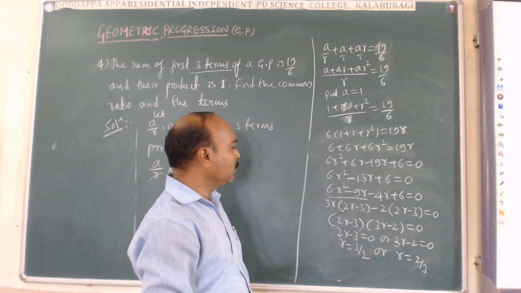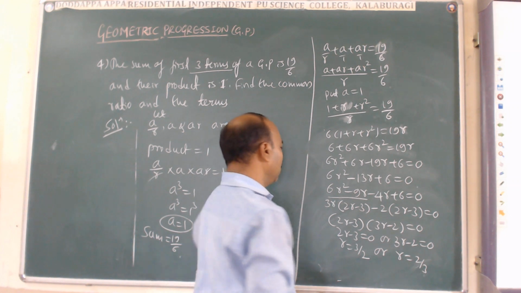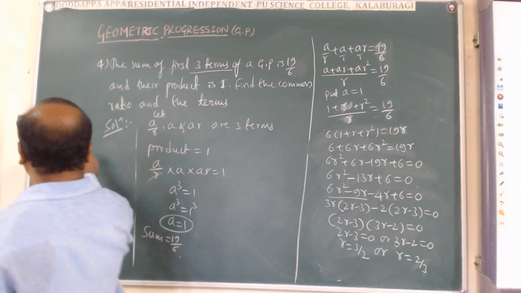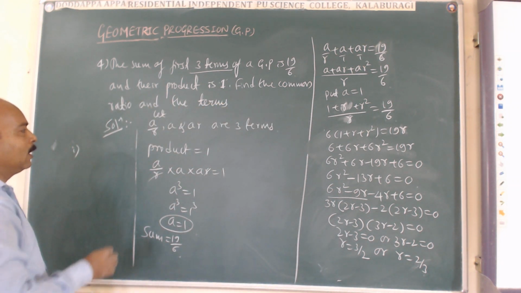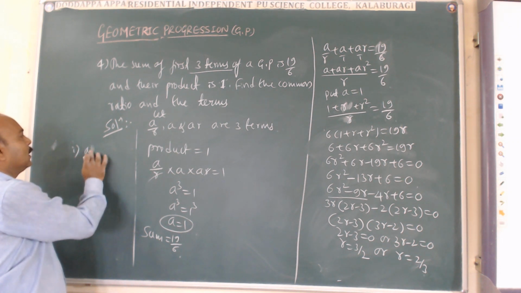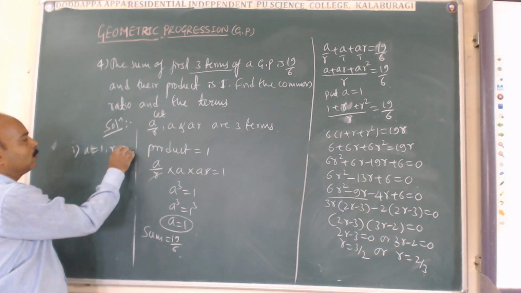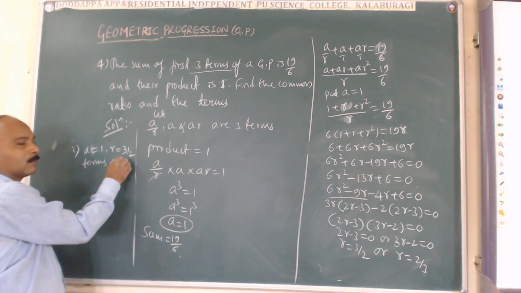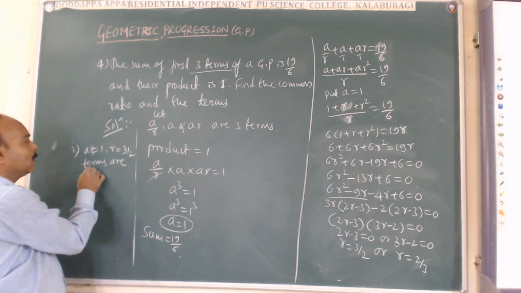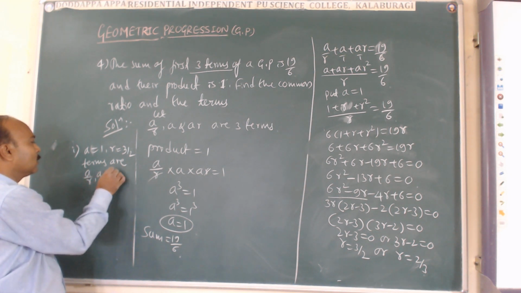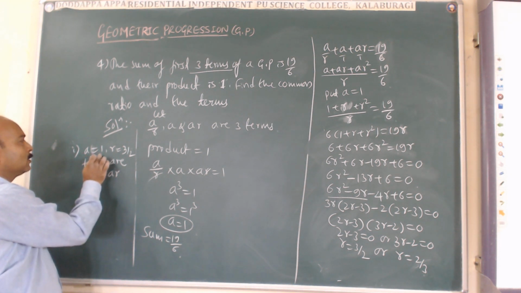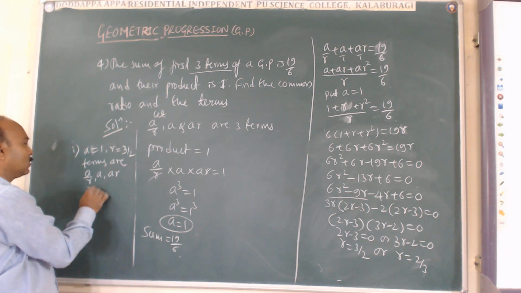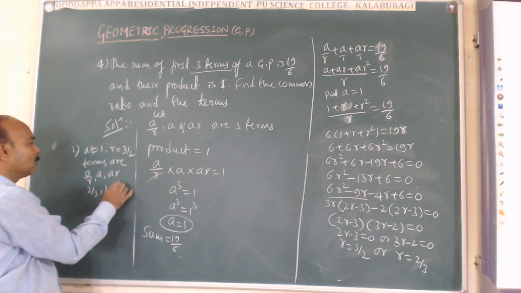Similar to the previous, we find two answers for this also. First we consider a value 1, a equal to 1 and r equal to 3 by 2. What are the terms we considered? a by r, a and ar. a by r means 1 by 3 by 2 means 2 by 3, 1, 3 by 2.